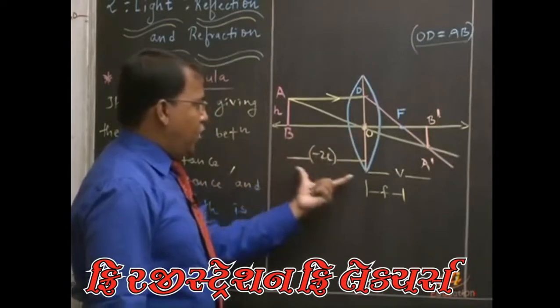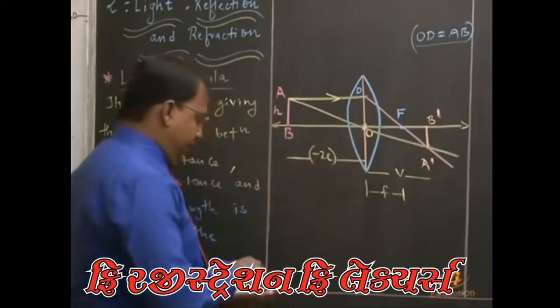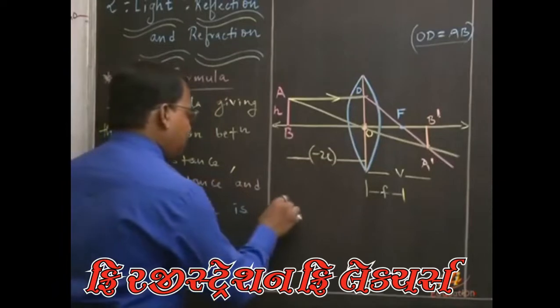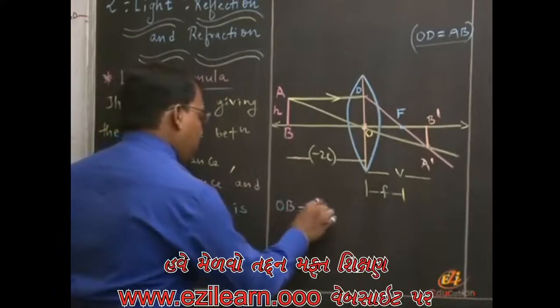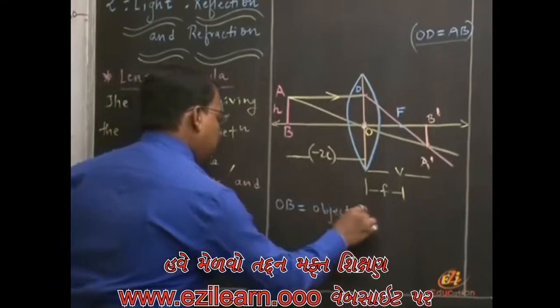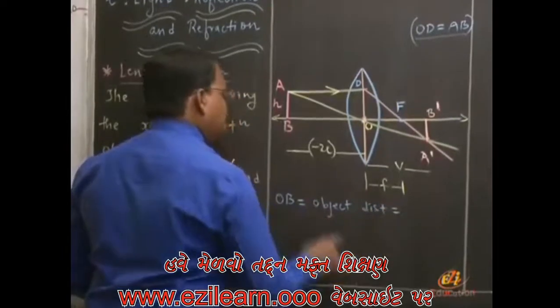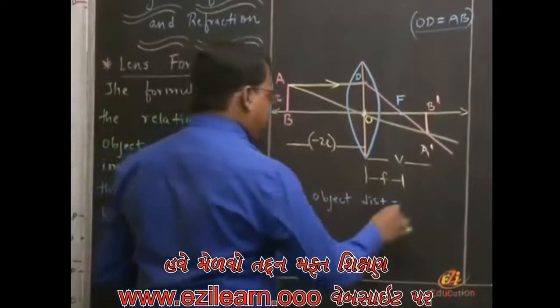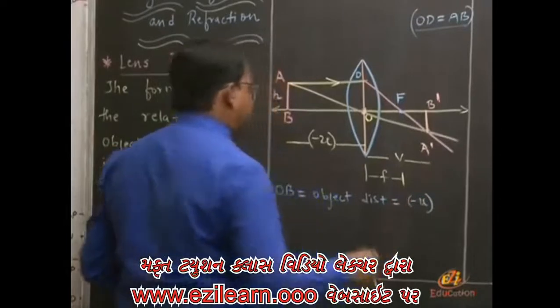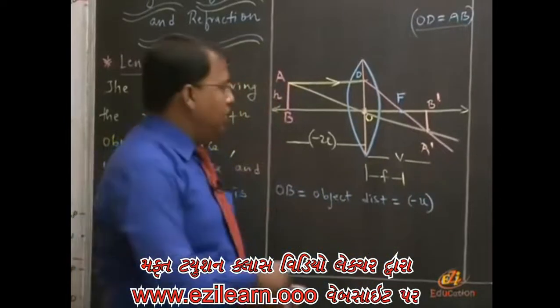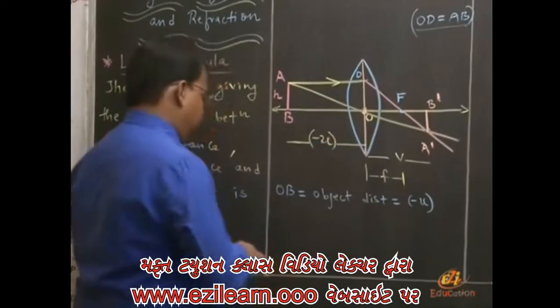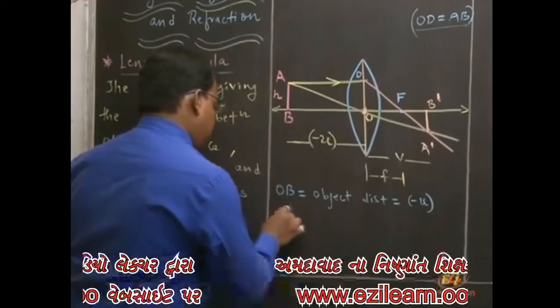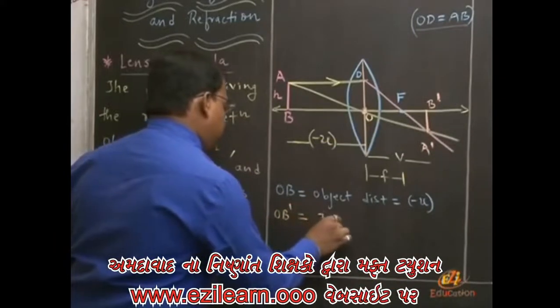OB is the object distance. So let me write, OB is the object distance, and it's against the incident direction. It will be negative as per the Cartesian sign convention. OB dash is equal to the image distance.